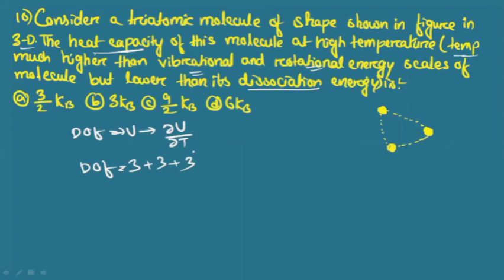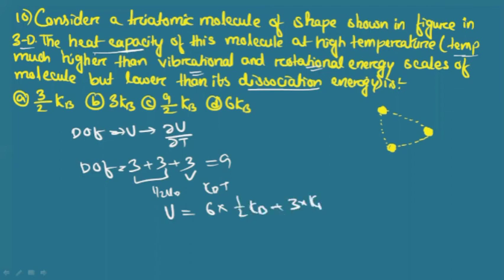And you know that vibrational is counted in 2 modes, kinetic and potential. We are not going into the details. So the total degree of freedom is 9. The energy associated with translational and rotational degrees of freedom is half kBT, and with vibrational it is kBT. So you can write U, the energy, equals 6 times half kBT plus 3 times kBT.